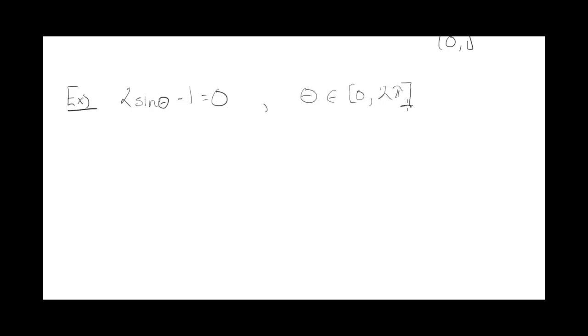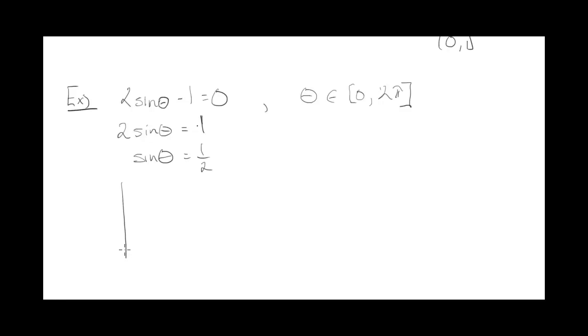So again, two ways to think about this one. What you're going to need to do first is isolate for sine. So add 1 to both sides, and then divide by 2. So we get sine theta equals 1 over 2, which is a special angle.